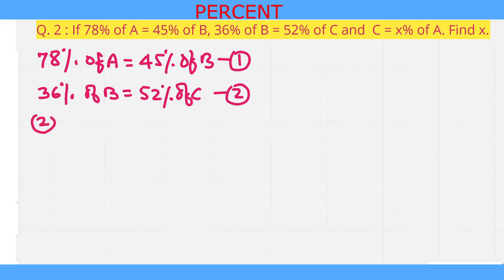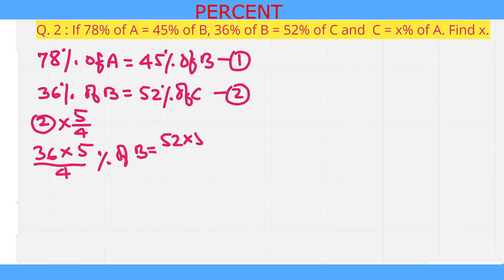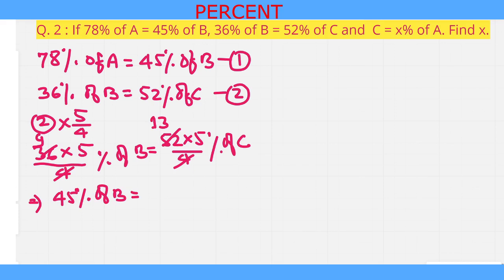So equation number 2 multiplied by 5 upon 4, we get 36 multiplied by 5 upon 4% of B equal to 52 multiplied by 5 upon 4% of C. 4 cancels 36 for 9 times and 4 cancels 52 for 13 times. 9 times 5 equal to 45. This gives 45% of B equal to 13 times 5 is 65% of C. This is our equation number 3.